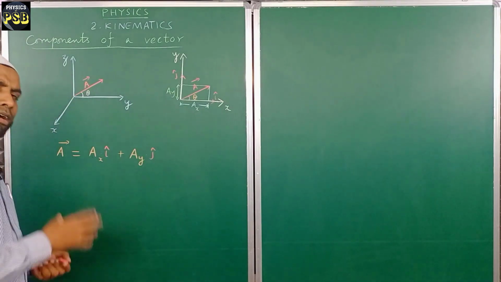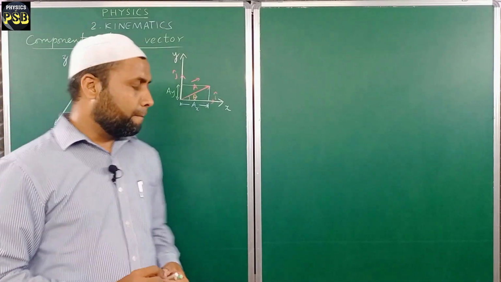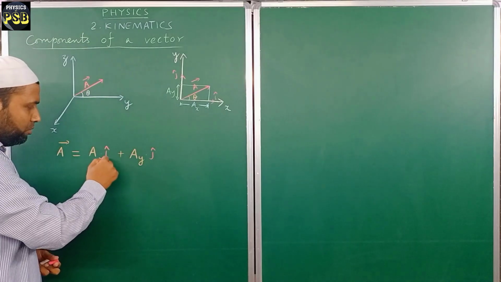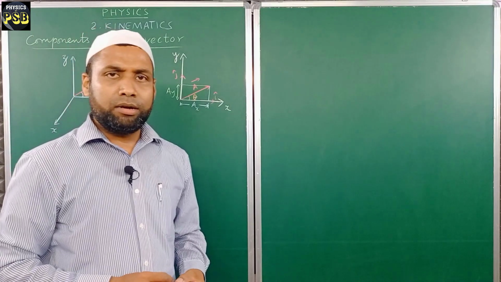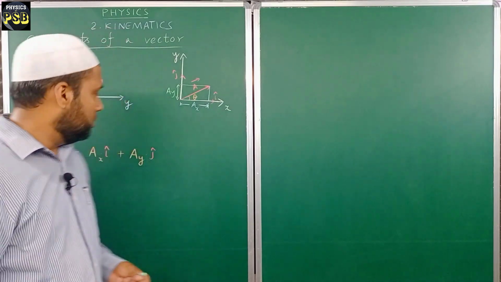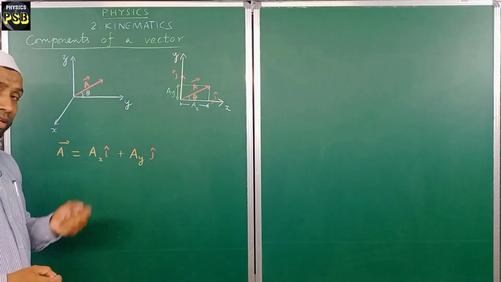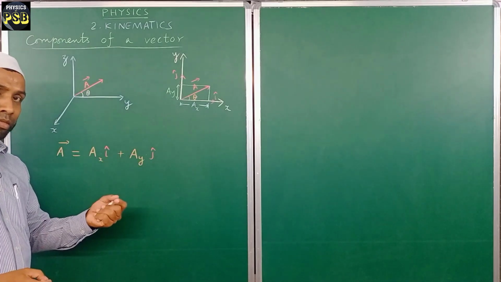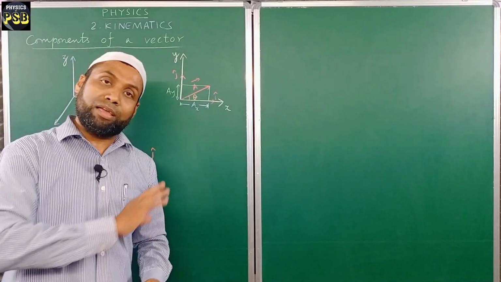Won't this change the value of AX and AY if we multiply these two terms with i cap and j cap? The answer for the question is no, it will not make any change.